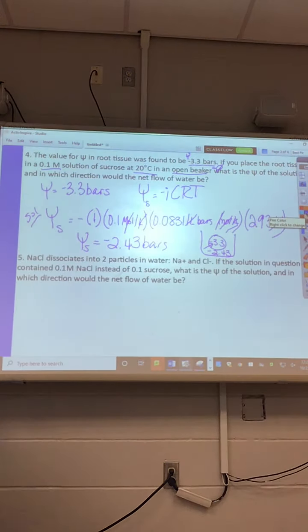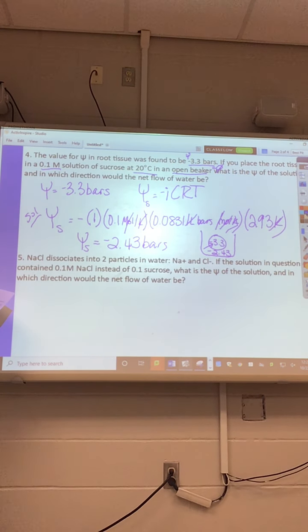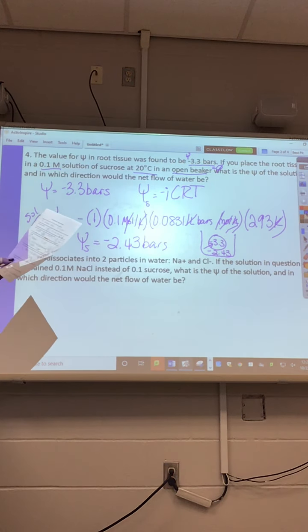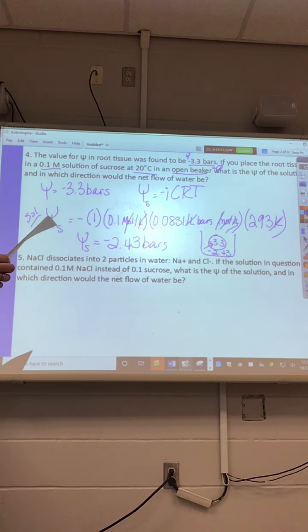All right, number 5. Sodium chloride dissociates into 2 particles in water, sodium and chloride. If the solution in question 4 contained 0.1 molar sodium chloride instead of 0.1 molar sucrose, what is the water potential of the solution, and then which direction would the net flow of water be?